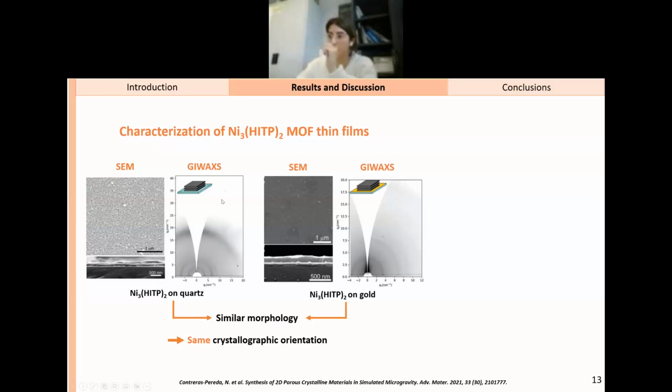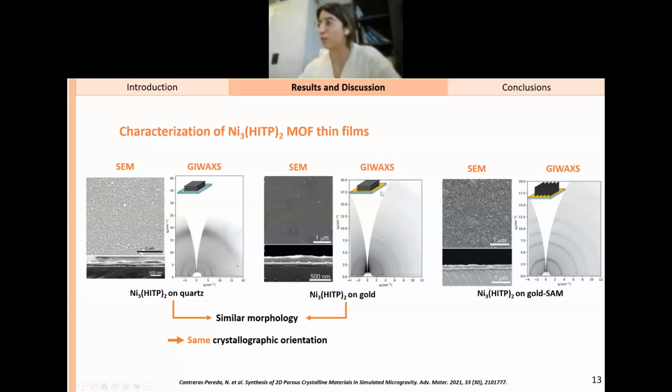For the GIWAXS pattern, I will not go into a lot of detail, but the peaks that were more intense indicated that the layers of MOF were built parallel to the substrate, as shown in this image.